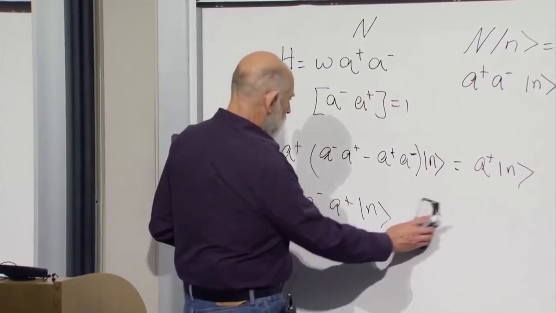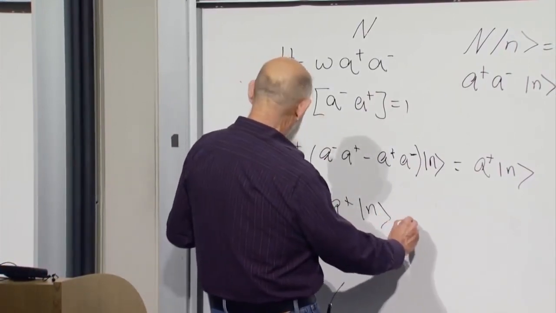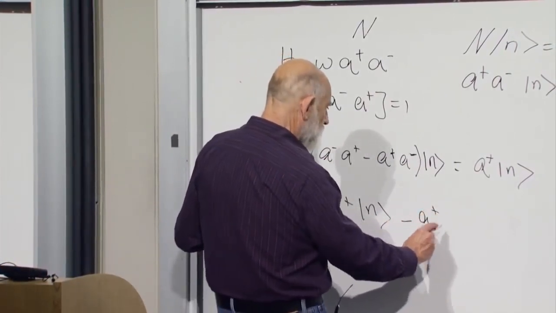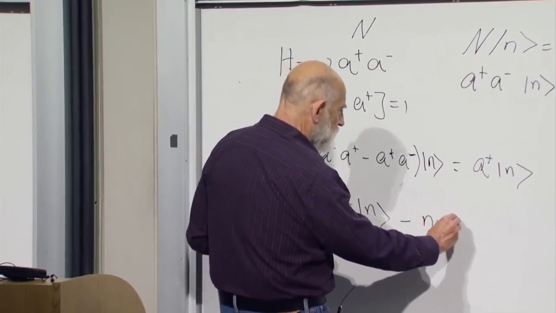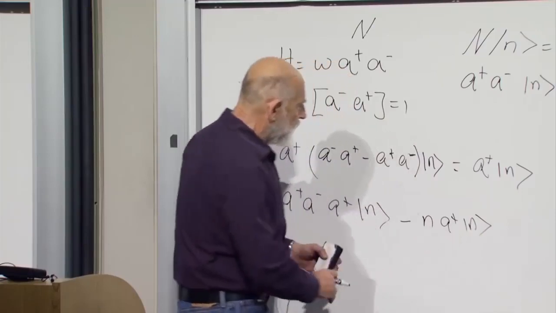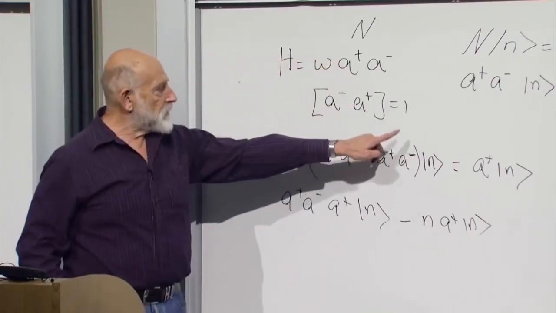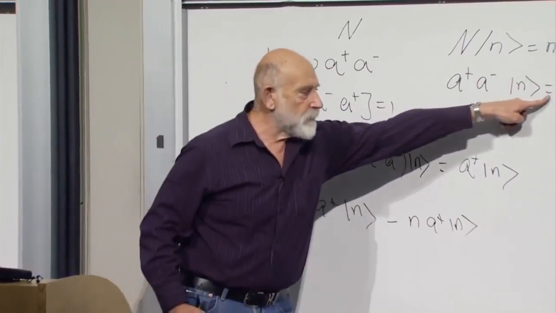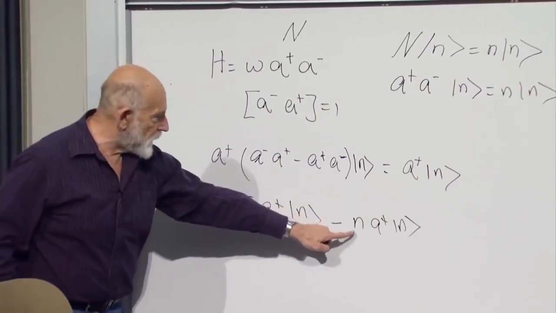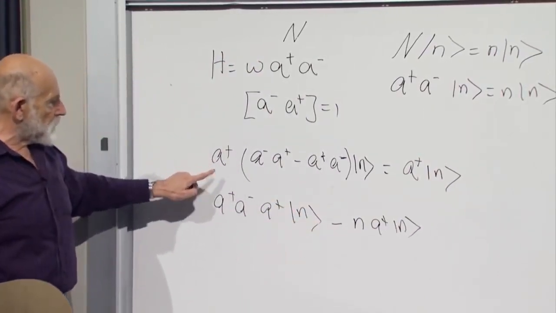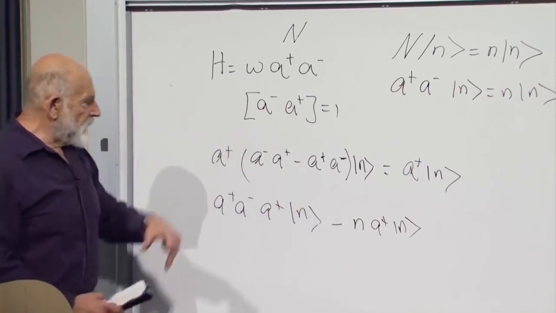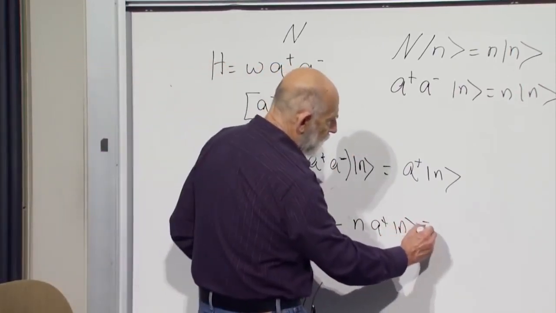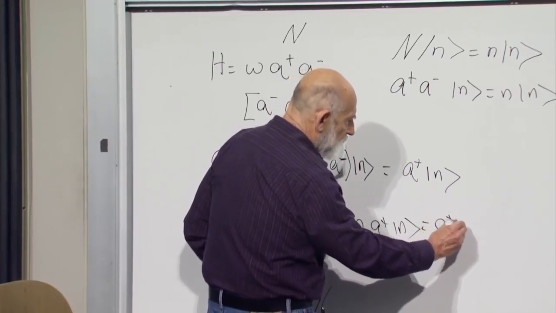Right, so this is minus A plus times n. I've written that A plus A minus on n just gives me a numerical factor n. So that's this over here. I still have the A plus, and that's over here. And finally, on the right-hand side, I have A plus times n.